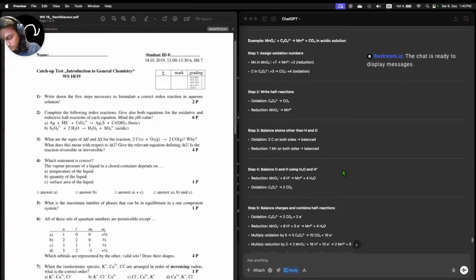So +7 means it has 7, and +2 means 2, so that means minus 4 electrons. So manganese gained 4 electrons, so it's gain of electrons, reduction.